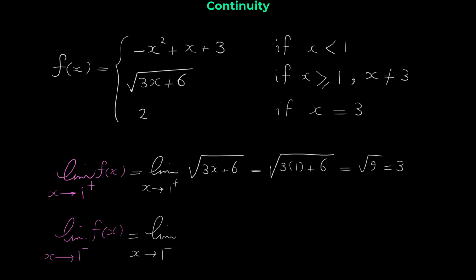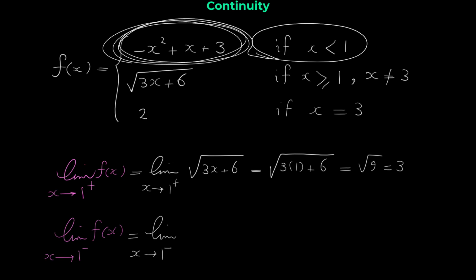Because x approaches 1 from the left, x is less than 1, so you have to use this equation: the limit of negative x squared plus x plus 3. If you plug in 1 for x, the limit would be negative 1 squared plus 1 plus 3, and this equals 3. So the left limit is also 3.